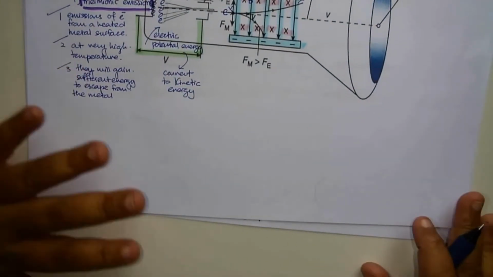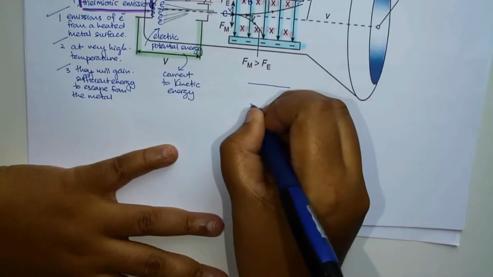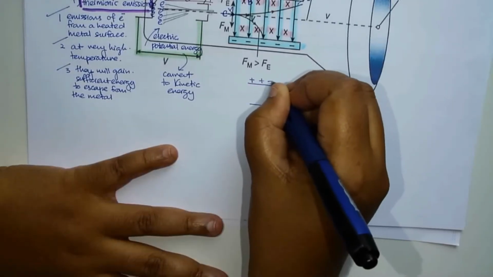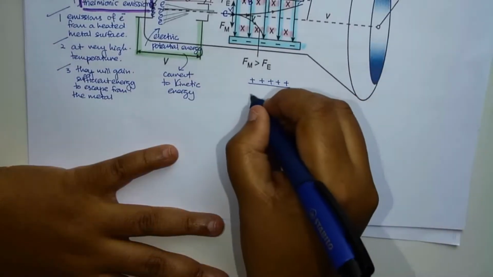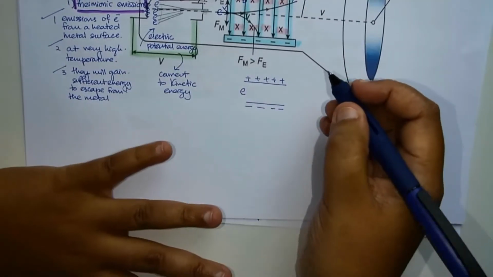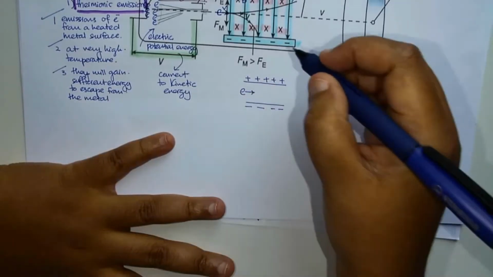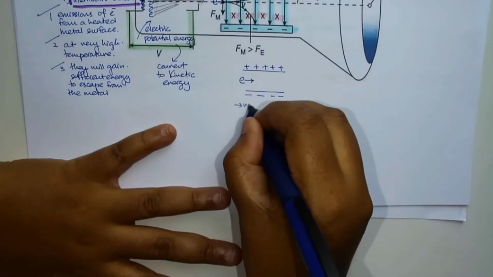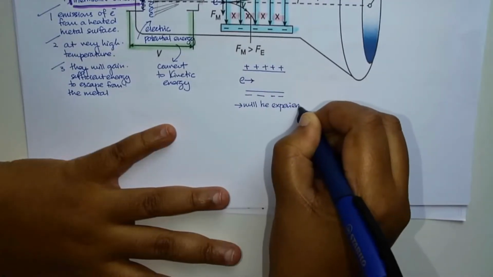Okay, so now let's look at one by one. This is the positive, this is the negative. When the electron enters into the region of electric field, the electron will experience a force.